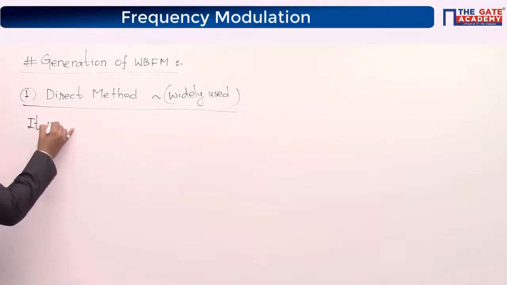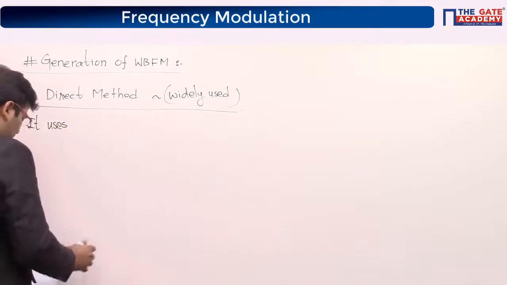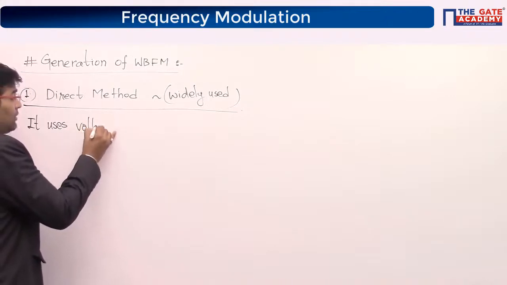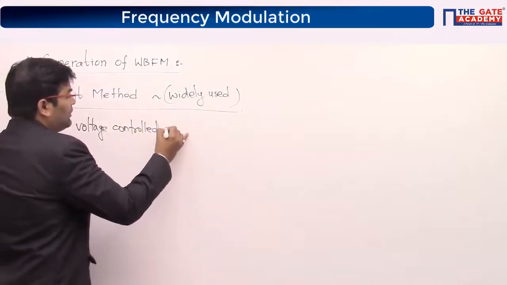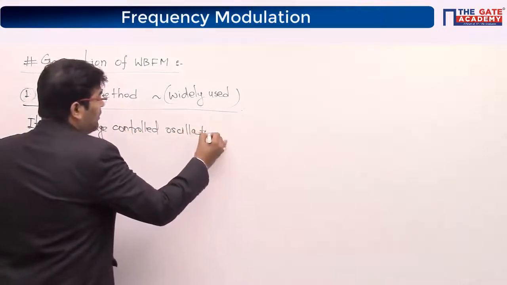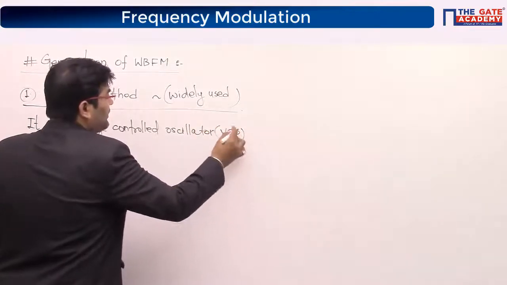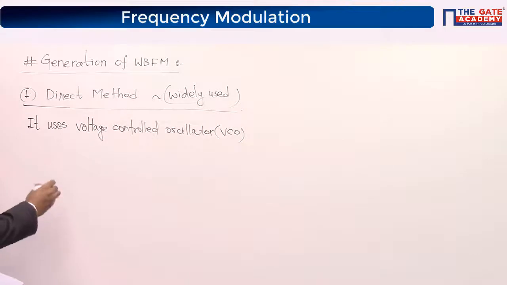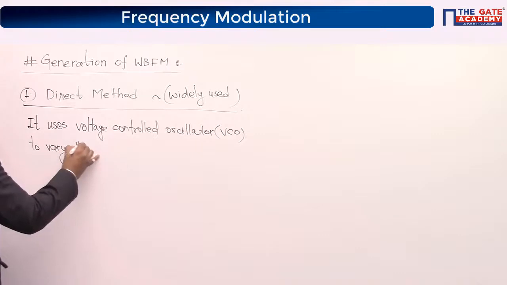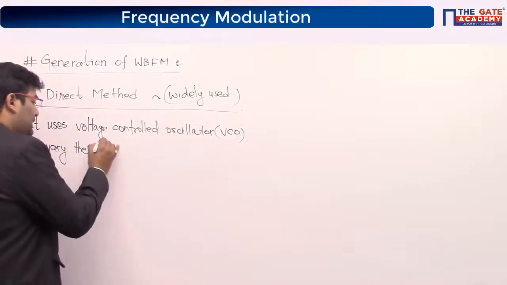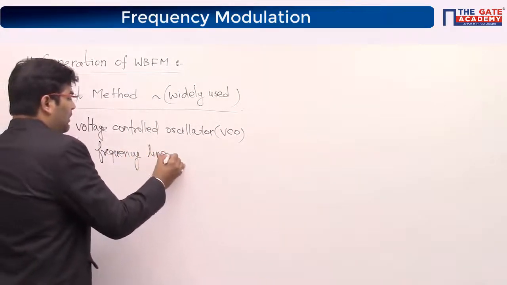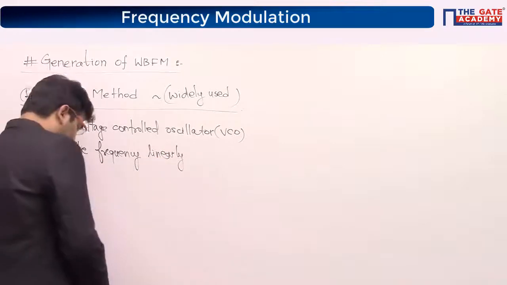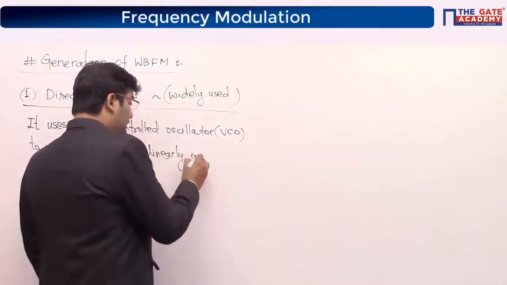In this method, it uses a voltage controlled oscillator, in short VCO, to vary the frequency linearly with the message signal.